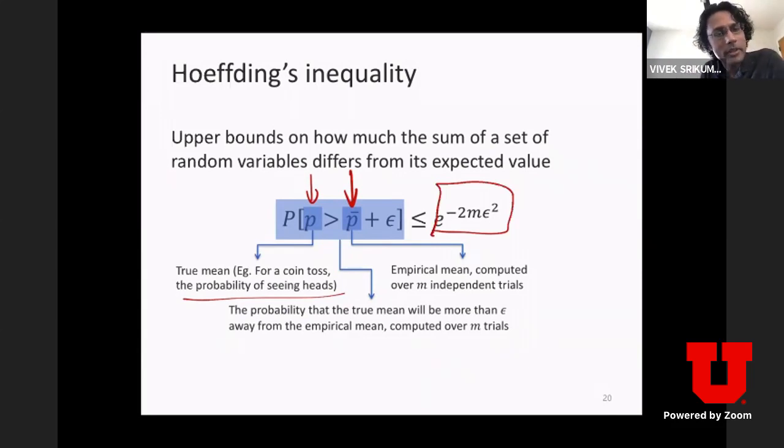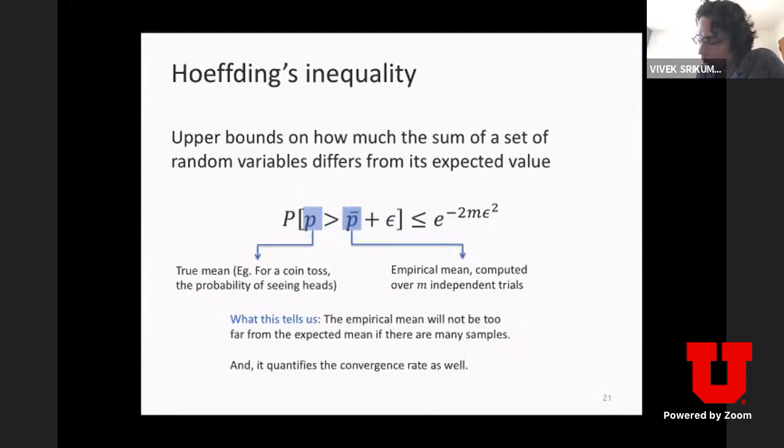In our case, we have something like that. For every example in our training set, either the example is correctly classified or it's incorrectly classified. So it's like a coin toss. So that's going to be our random variable. The more important thing is it quantifies the convergence rate, because it says how fast this difference will shrink.